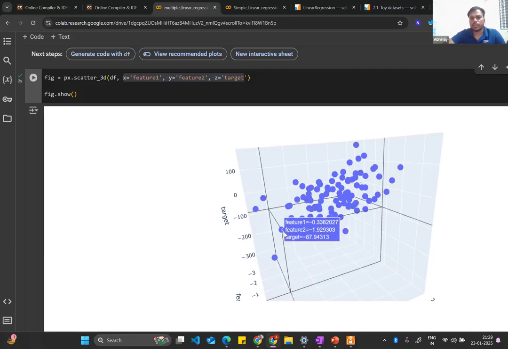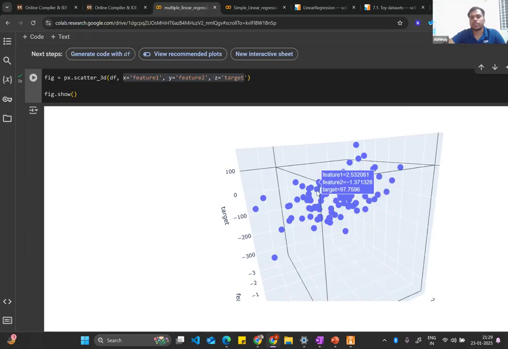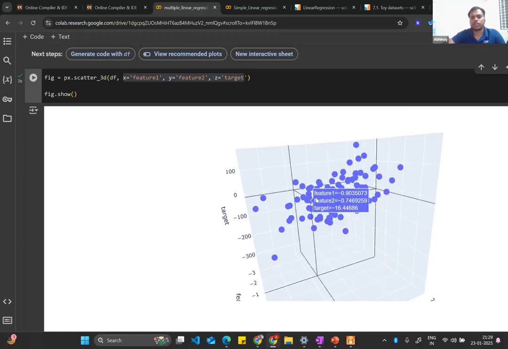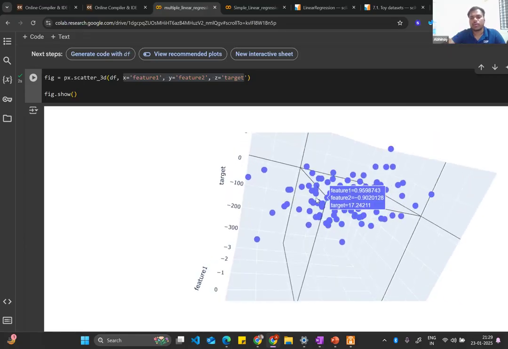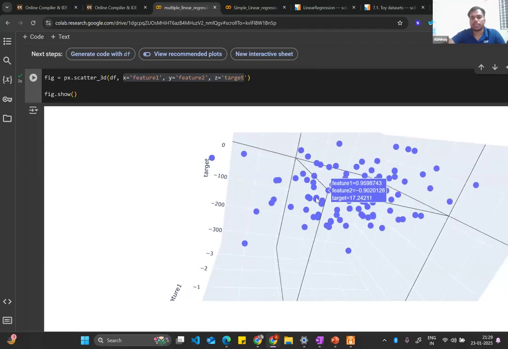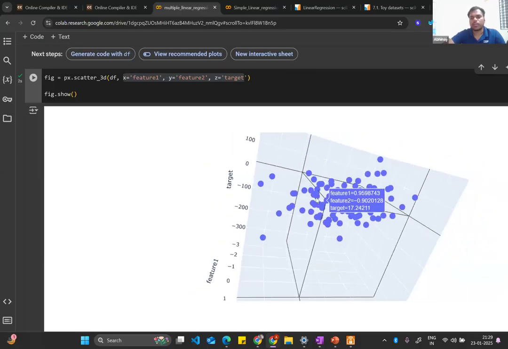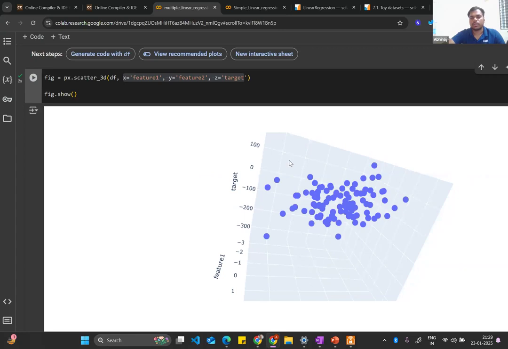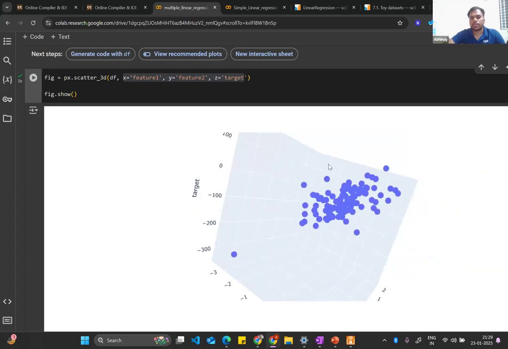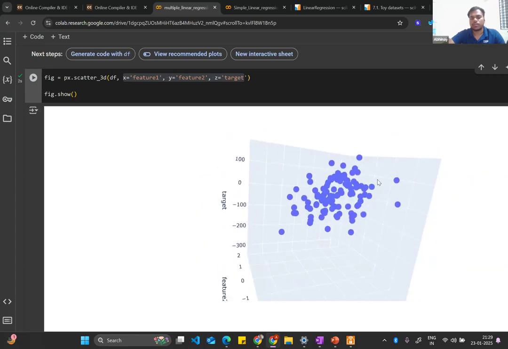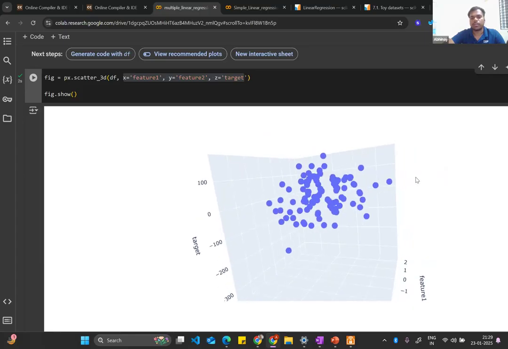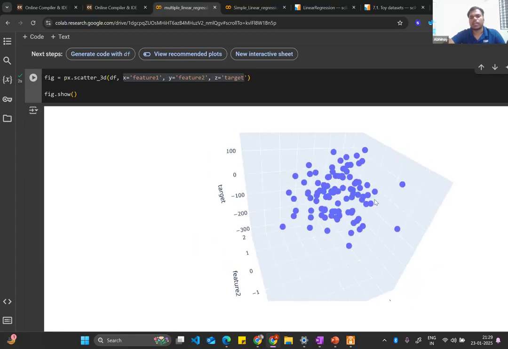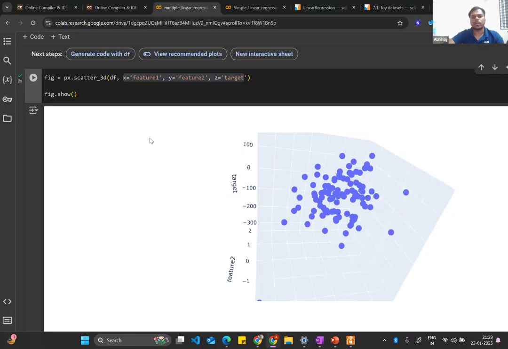You can see how any data set has been plotted in 3D space. It is a kind of visualization, just like we did in 2D, but in 3D.